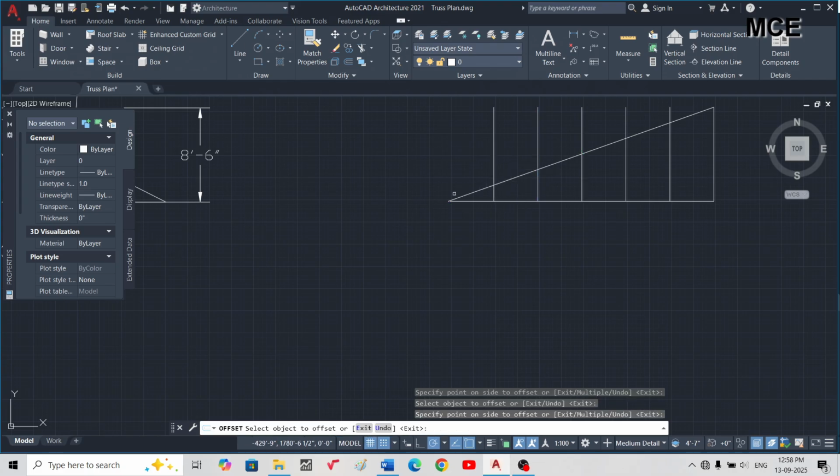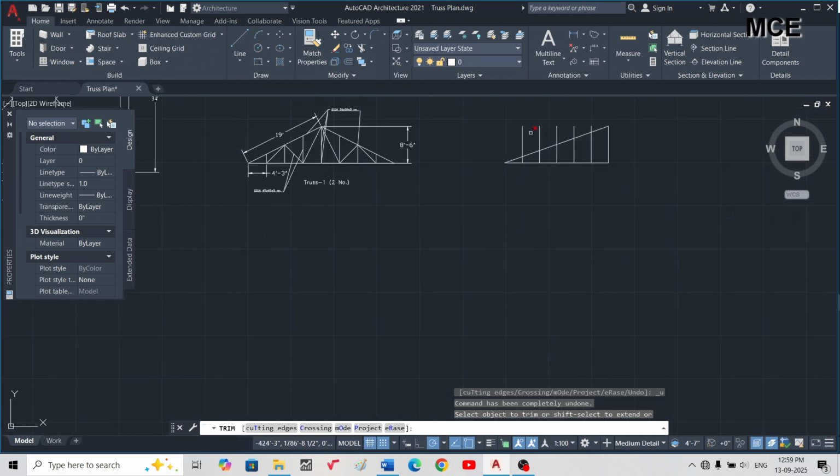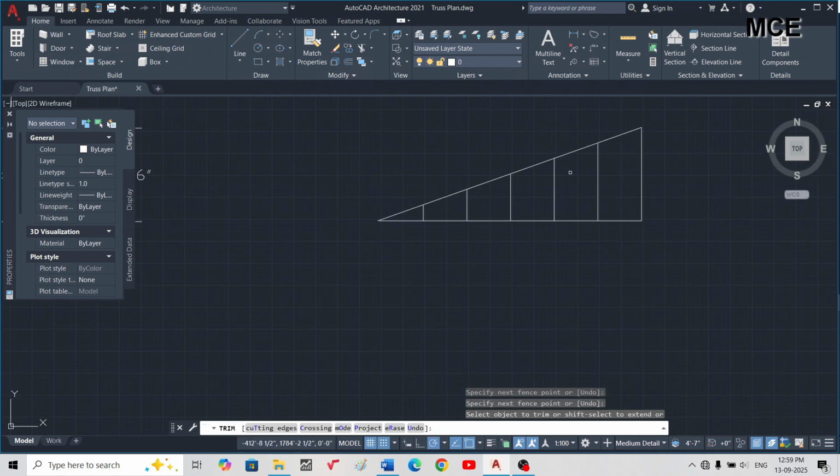So there will be 6 gaps. Trim this using the trim command. After joining, incline it with the vertical to complete our truss.